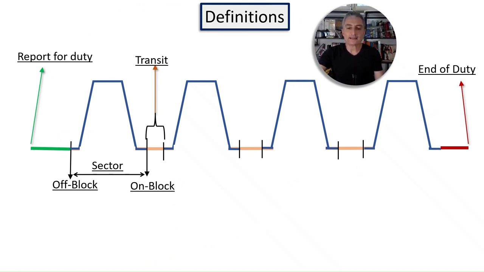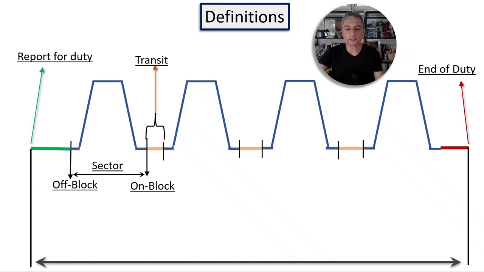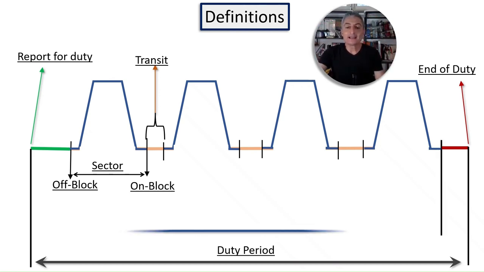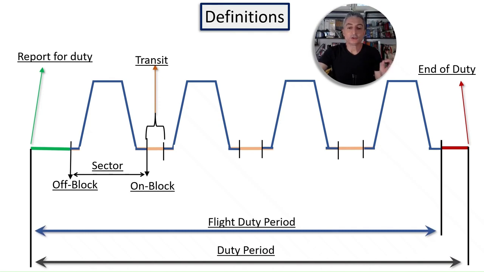And therefore we can identify what is called the duty period. That includes basically everything we do in a day, from the report for duty to the end of duty. Everything is duty period. But more important than this is the flight duty period.